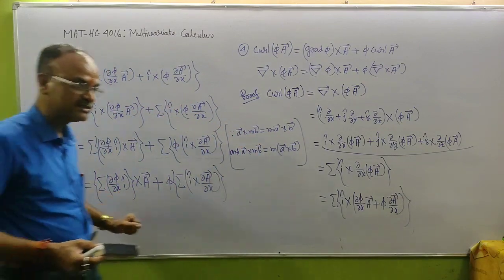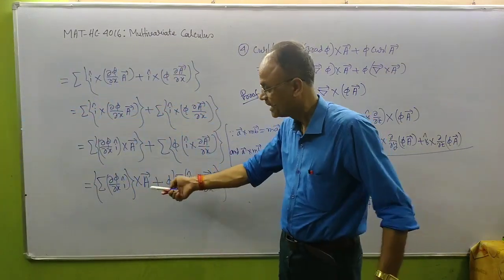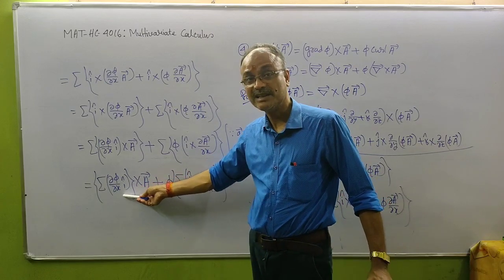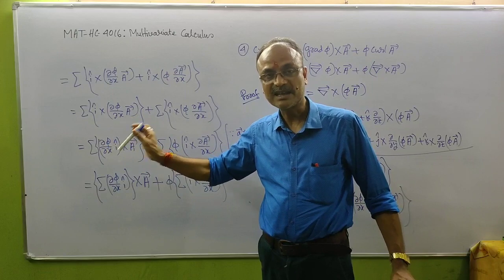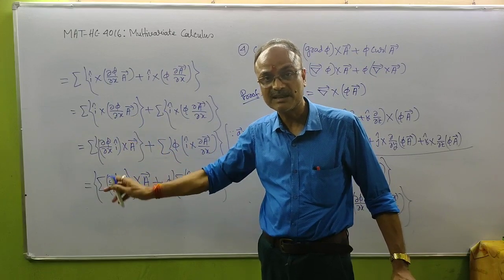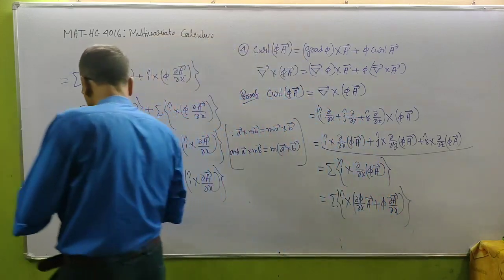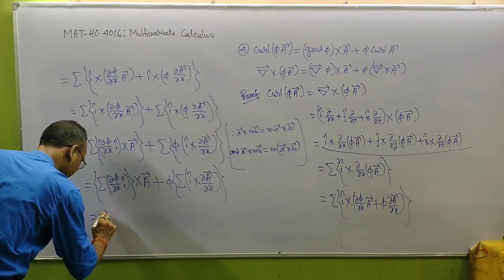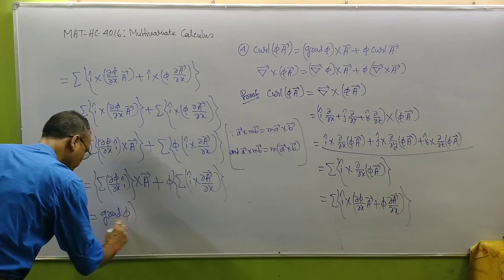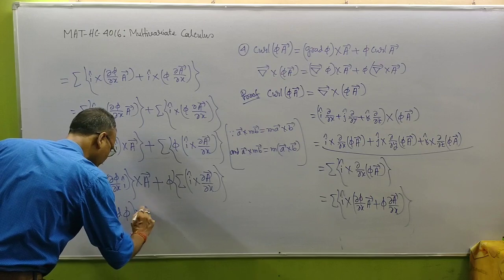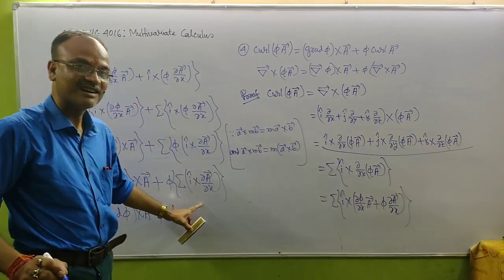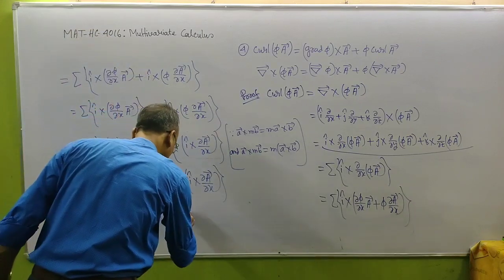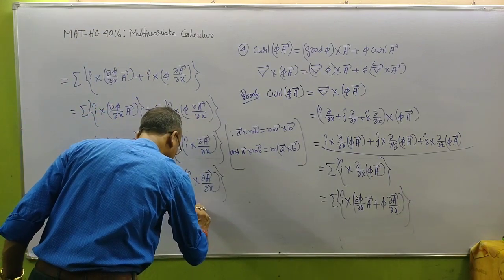But you see this one. What is summation delta phi by delta x i cap? It is delta phi by delta x i cap plus delta phi by delta y j cap plus delta phi by delta z k cap. It is nothing but gradient of phi. So gradient of phi cross A vector plus phi, and what is this? It is curl A vector, by definition of curl of a vector.